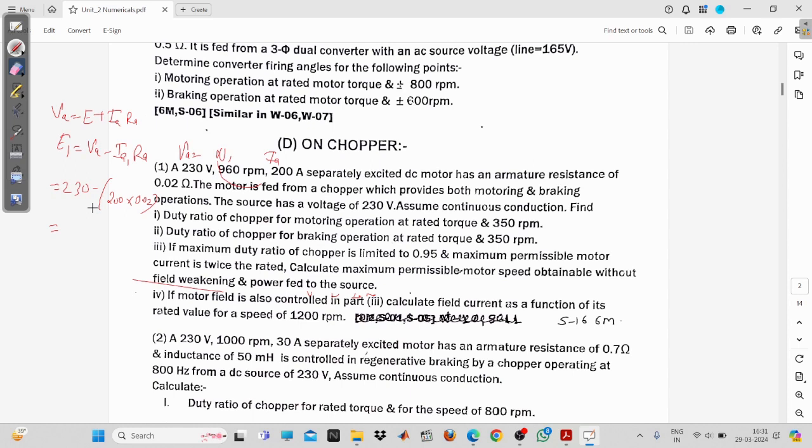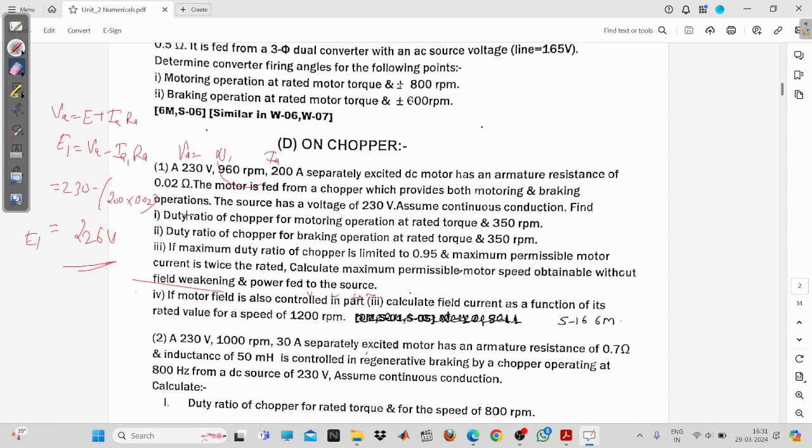For motoring operation, 230 minus this, so this is around 226 volt we are having. So E1 will be equal to 226 volt.